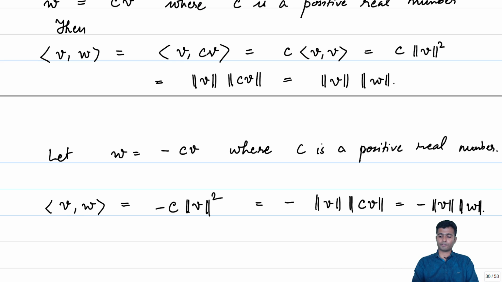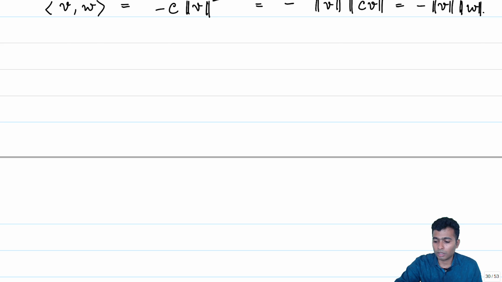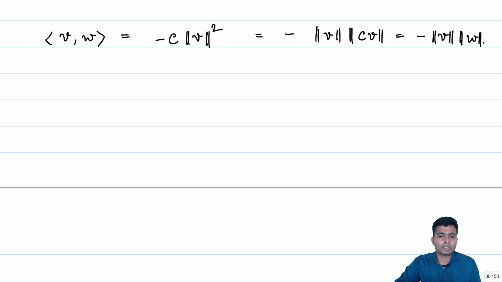So this is precisely what we will be getting. So that means in this case the inner product is minus the length of V times the length of W. So in general, the inner product of V and W is always between these two numbers.